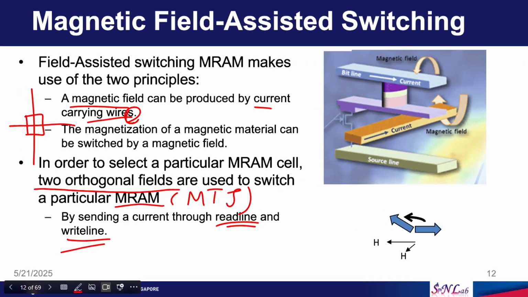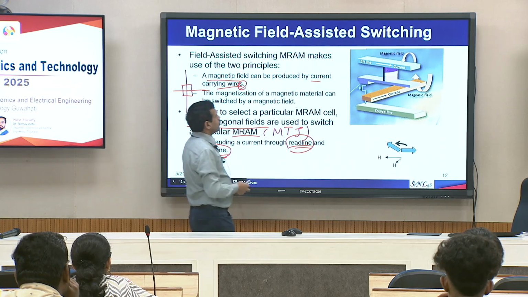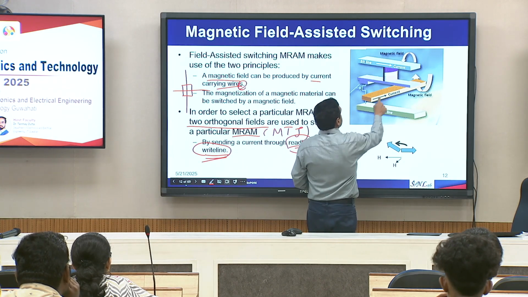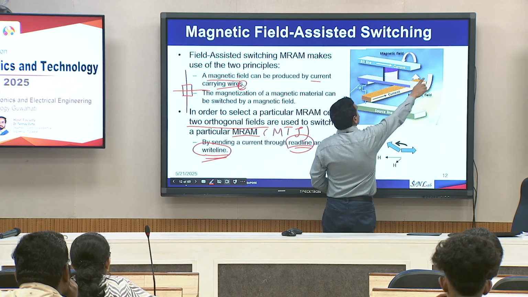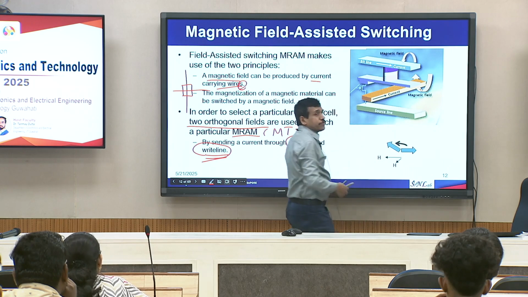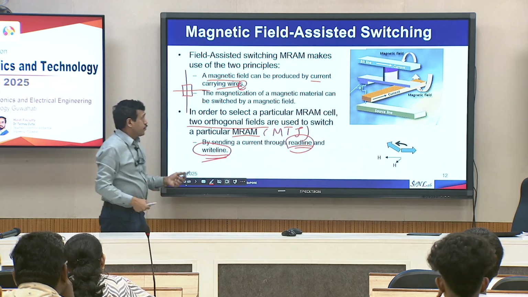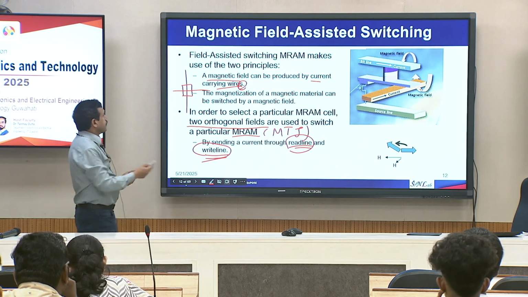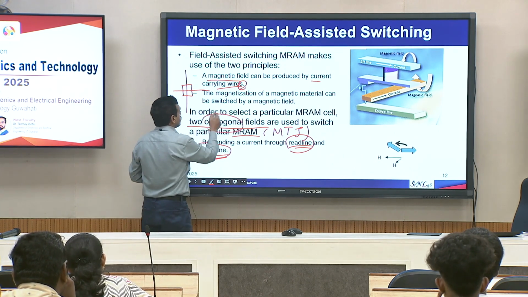In this MRAM, we are sending current through two wires, one belonging to the read line, another belonging to the write line, to produce two magnetic fields. In this picture you can see we send current through one wire, it produces a certain magnetic field, and we also send current through another wire which produces another field. These two fields are orthogonal to each other, 90° with respect to each other.